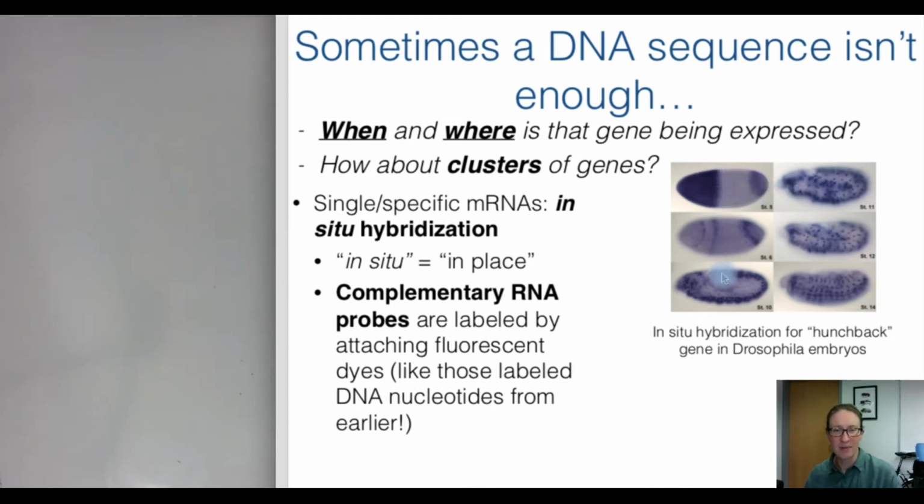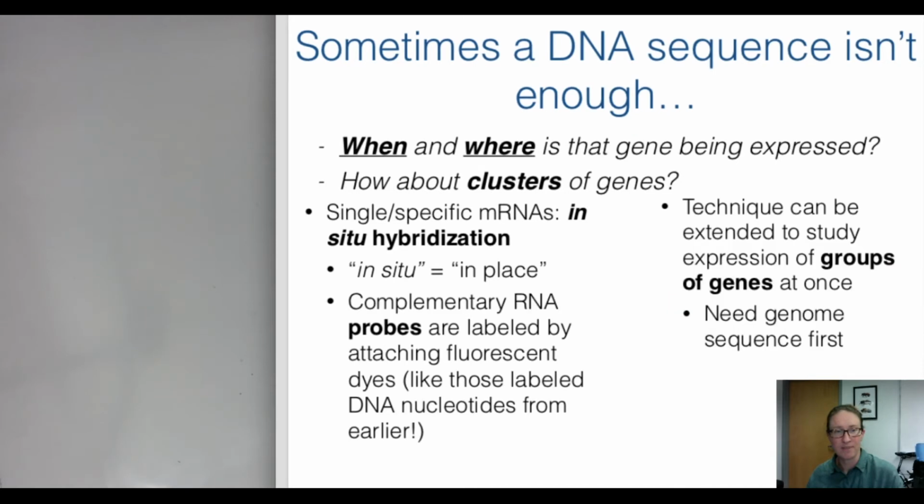And then as the embryo gets older, expression of that hunchback gene gets localized to particular regions in this fly and actually winds up having a very regular expression pattern as the fly gets older. So in situ hybridization is one great way to localize where a gene is getting expressed.